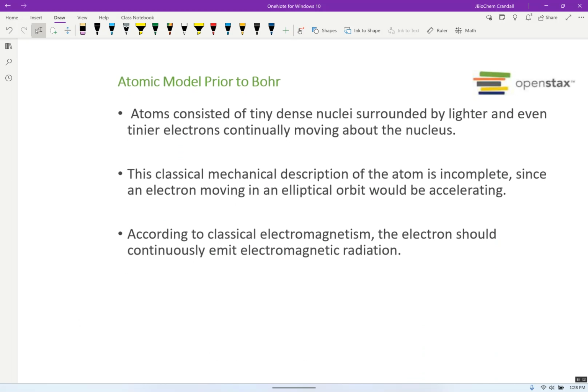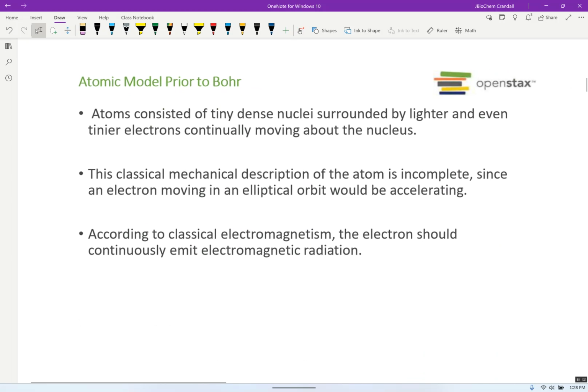Okay, so before Bohr, the atom consisted of a tiny dense nucleus surrounded by lighter and even tinier electrons continually moving about the nucleus. This classical mechanical description of the atom is incomplete, since an electron moving in an elliptical orbital would be accelerating.